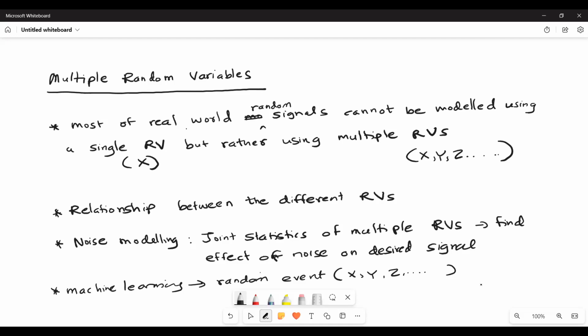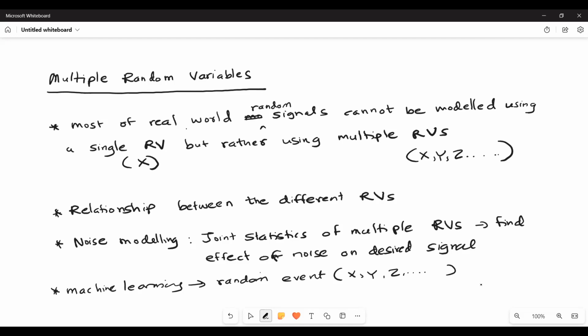occurring. That event probability can be found using, as I said, PDFs, CDFs, and other parameters such as mean, variance. By using those parameters and other functions, the machine learning algorithm needs to identify the probability of a certain random event occurring.